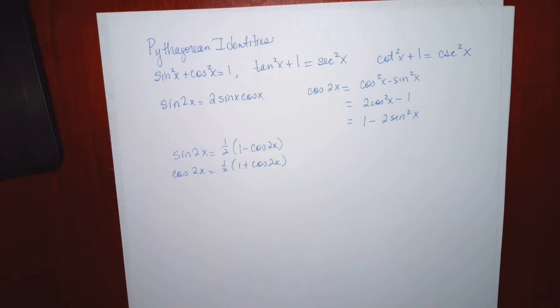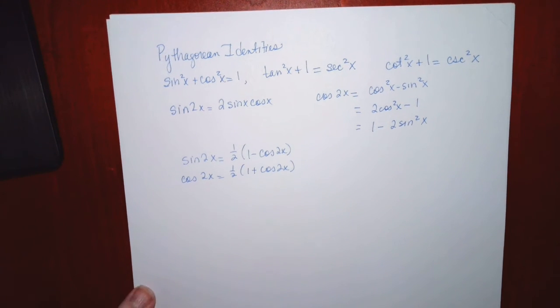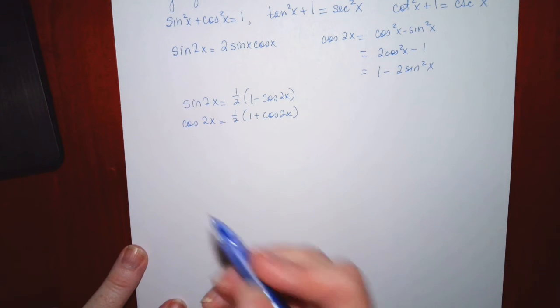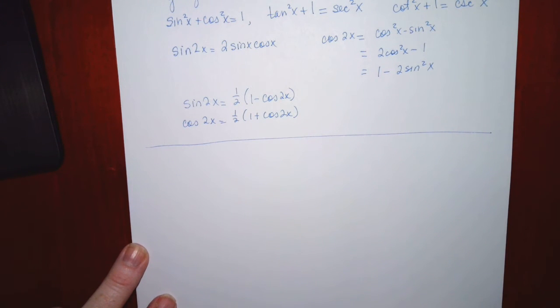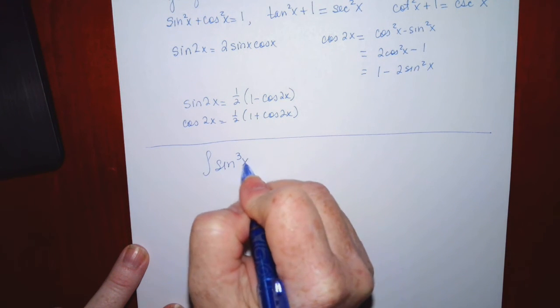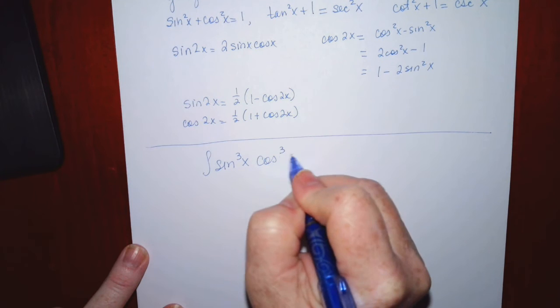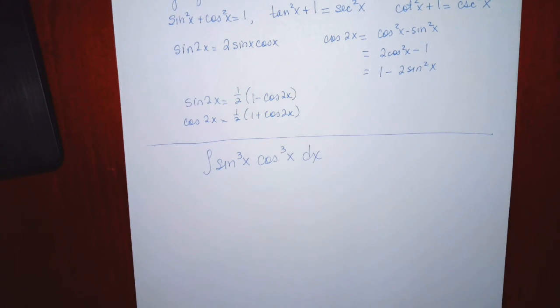So if we can't just do a trig integral using a basic substitution as we did on the first couple, we may have to rewrite these. Okay. So let's say we had, instead of sine to the third times cosine to the first, what if we had sine cubed x times cosine cubed x? Well, what makes this harder?